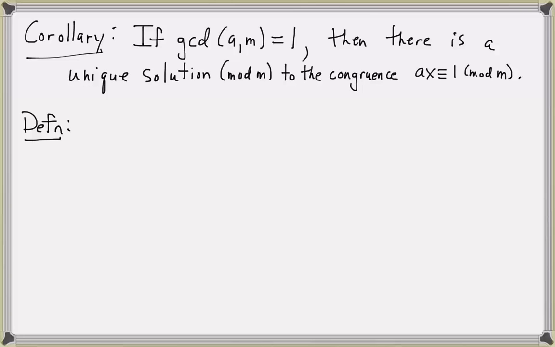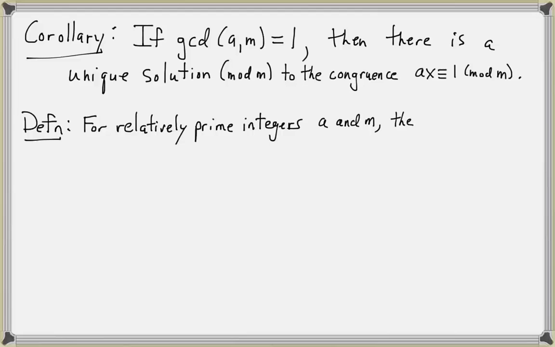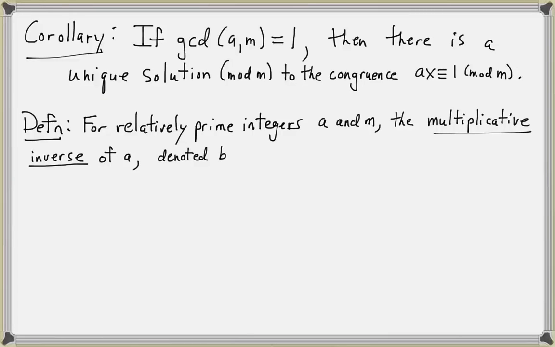So for relatively prime integers a and m, the multiplicative inverse of a, denoted by a with an exponent of -1.